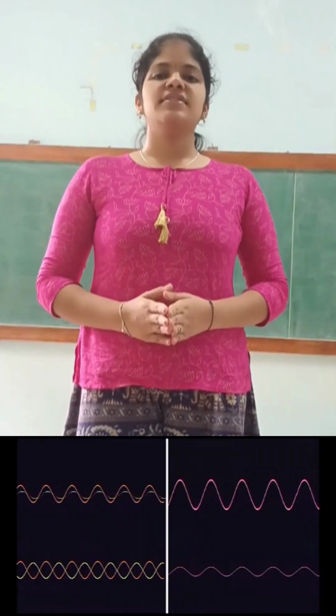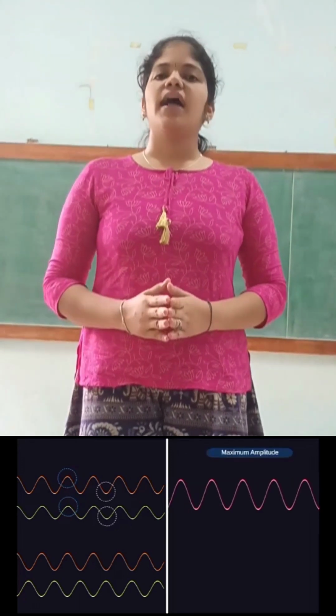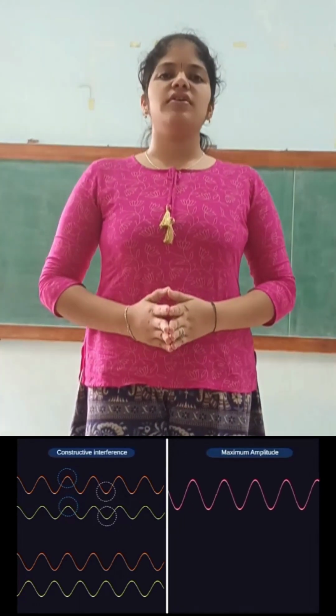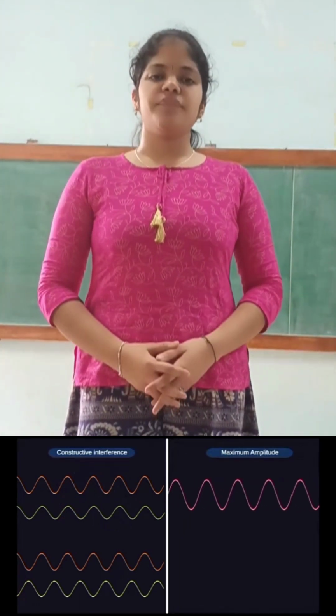Consider any two traveling waves with displacements y1 and y2, as you can see. If the crests and troughs of both waves are in the same phase, the resultant amplitude or displacement will be maximum, and this condition is called constructive interference.